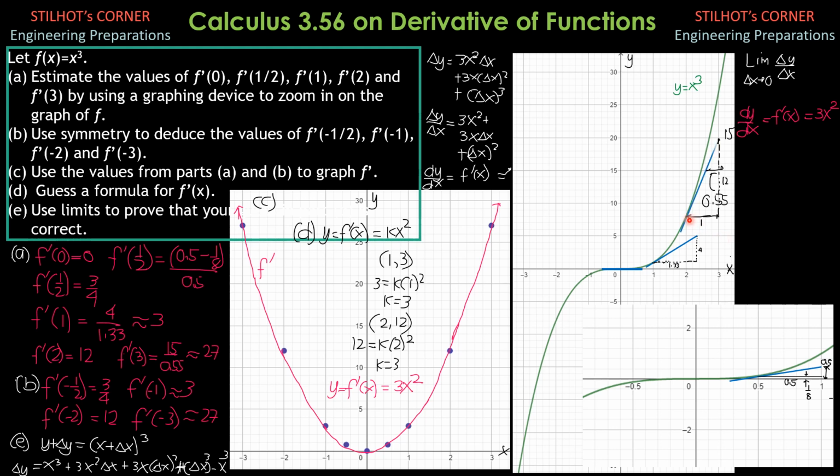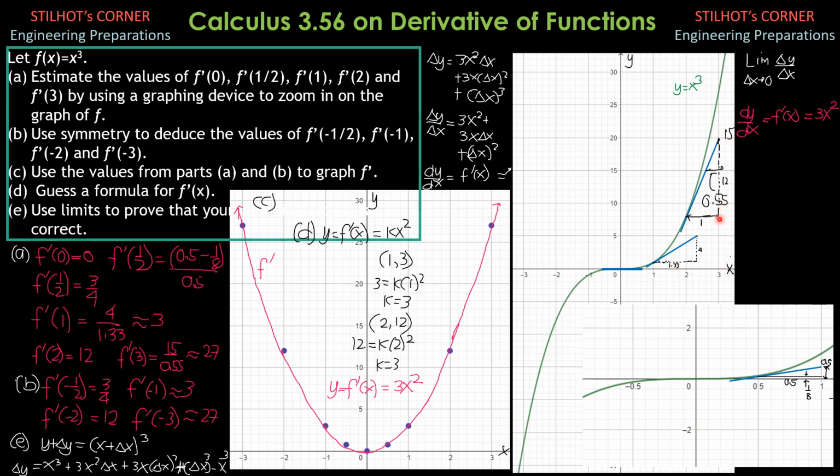Then f prime at 2 here. So that's the tangent. So this is 20 minus 8, so 12. Then this is estimated to be 0.55. So f prime at 2 is 12 over 1, because this is 1, 2, 3.